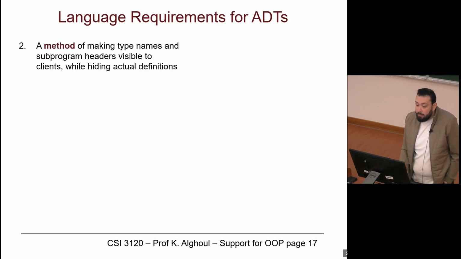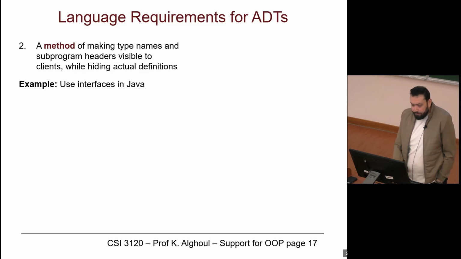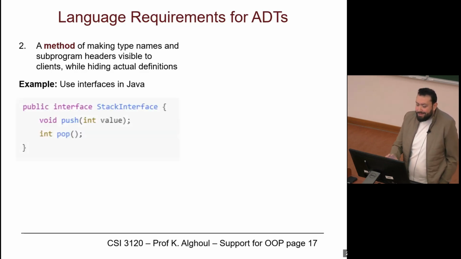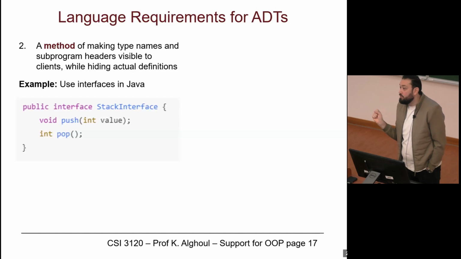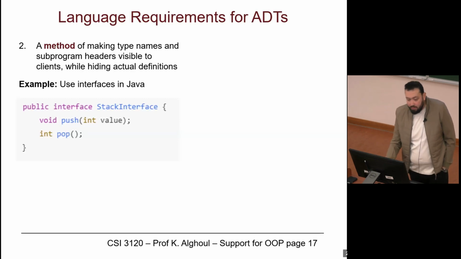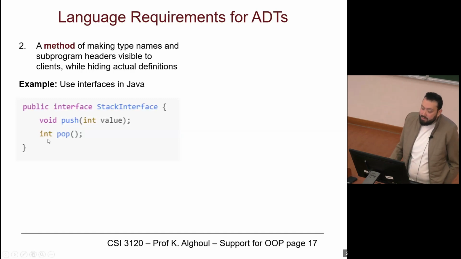Now, what about the method of making type names and subprogram headers visible to the client while hiding actual definitions? So I need methods. These methods will act like an access door for me, or an interface. I'm taking this example because there is a different way to do this. One of the examples is this way. Public interface, stack interface.